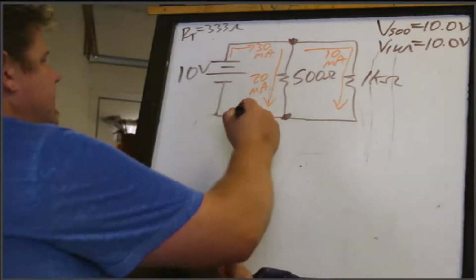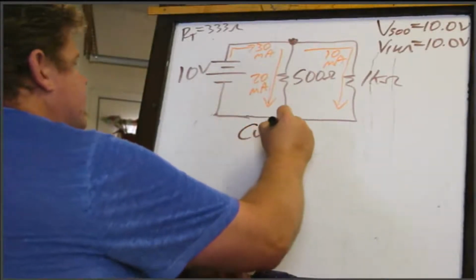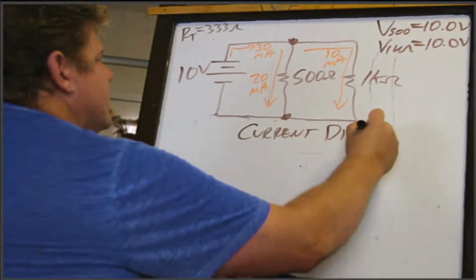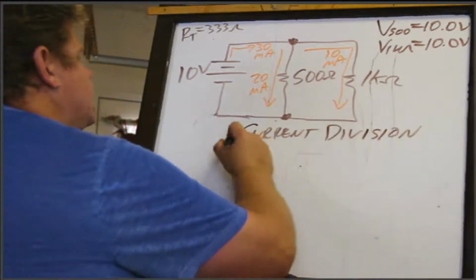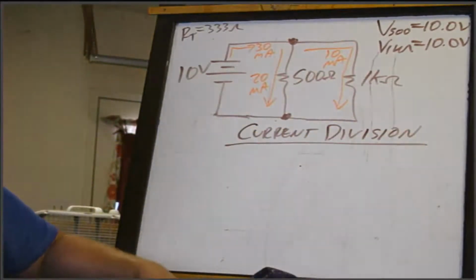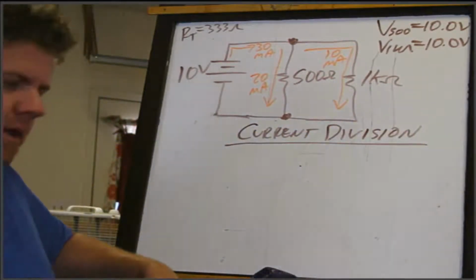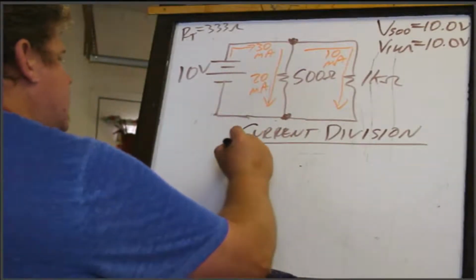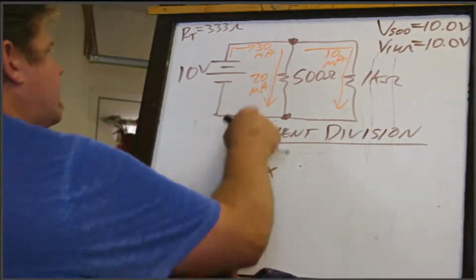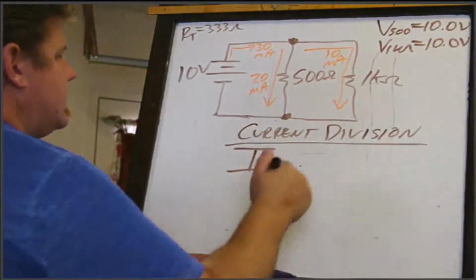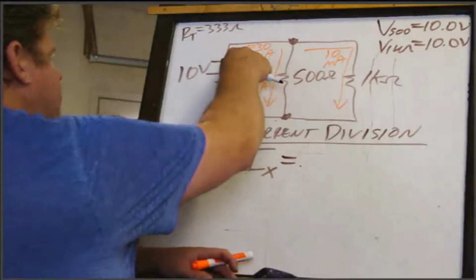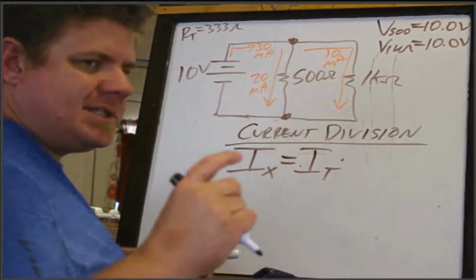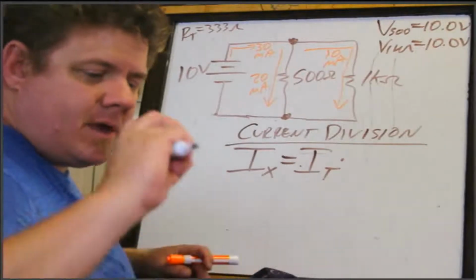So that's one way to do it. The other way to do it is with current division. Much like we had voltage division, we also have current division. Generically, that says the following. Any individual branch current is equal to the total current times that same ratio we had last time, inverted.